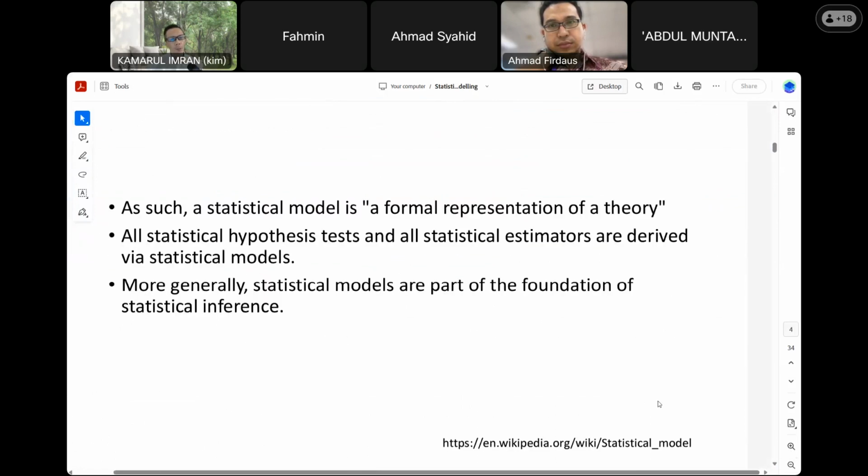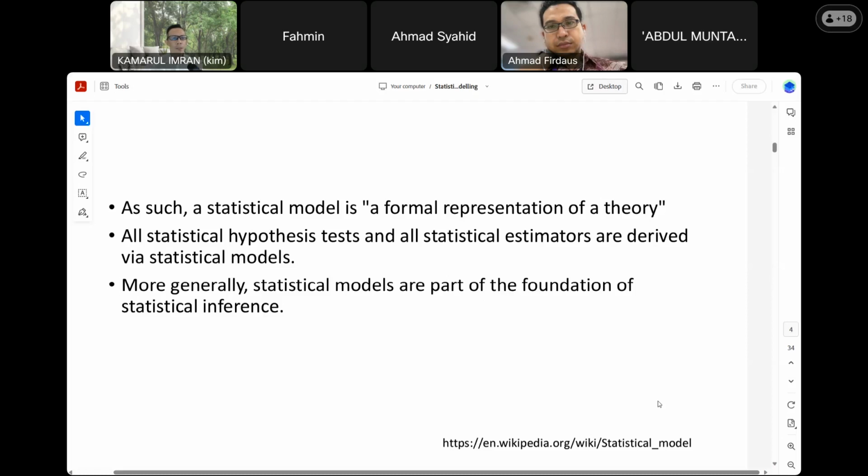So a statistical model is a formal representation of a theory. If you want to model the factors for body weight, for example, what are the factors that contribute to body weight? What would be your theory?